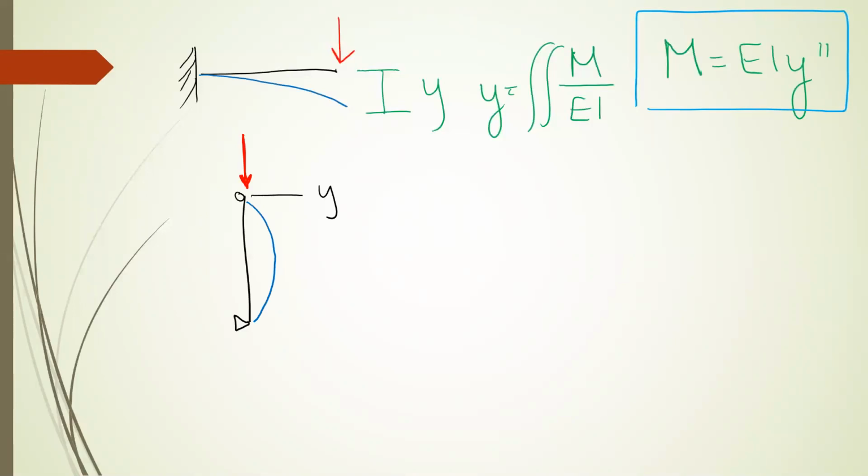And now let's take a look at a portion of that deflected shape. So we're going to come in and cut here at X and at X plus delta X. And that gives us this little piece here. And we know that when we take those cuts, we expose internal forces. So we have some axial, or sorry, vertical force, not necessarily axial at this point if it's deflected, at X and at X plus delta X. Some horizontal force.